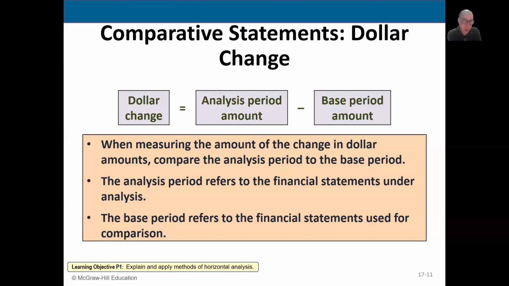Look at the dollar changes. So I'll take the dollar change of net income for 2023, we'll say 100,000. The base year was 80,000 back in 2021. So 100 minus 80 is 20. So that's a $20,000 change over the course of those 3 years.